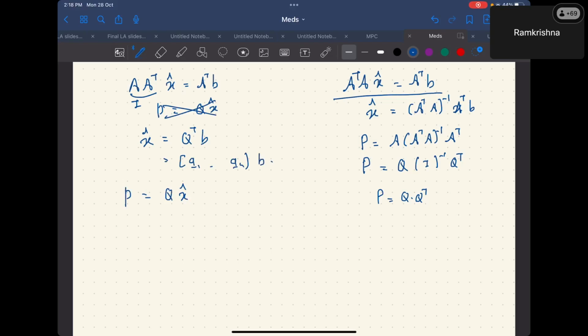We started off with P equals A x hat, and we were computing this x hat. Now what happens to Q x hat? This will be Q Q transpose B.